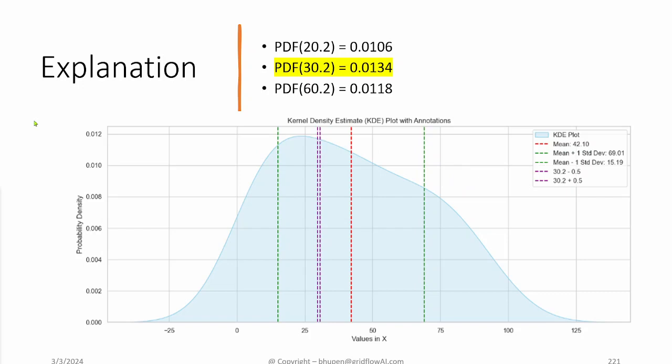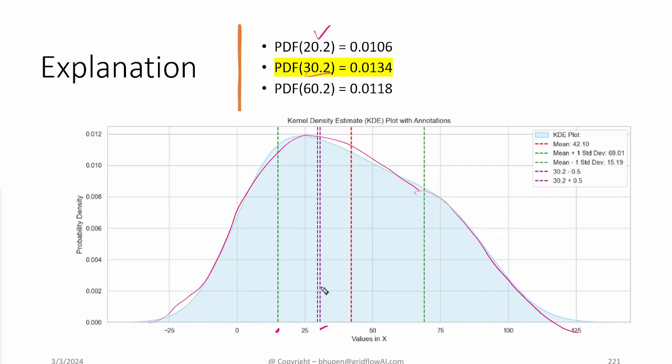So one more example of now the practical use case for densities. Let's say this curve represents your data points, and probability density function at 20.2. So this is the green line here, 20.2. And then we have a probability density function at 30.2. And that is your 30.2 region here.